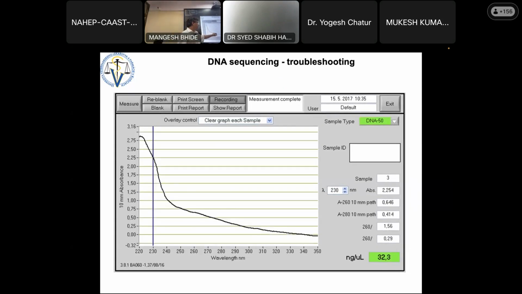It's completely different. 1.5, although it is telling me that 32, but I should not take into consideration 32 because it is not. The concentration is not the issue, purity is 1.5 only. This purity sucks, so I should not send the sample for sequencing.